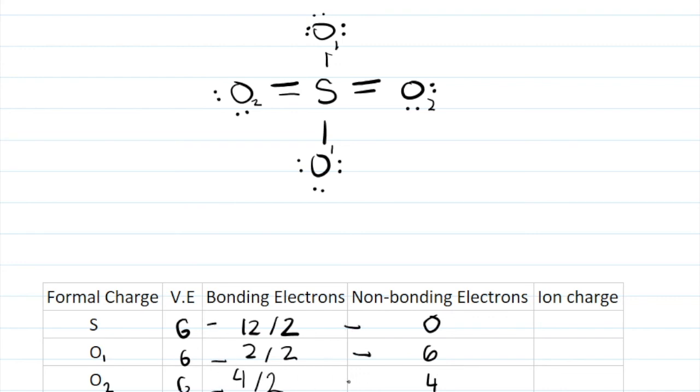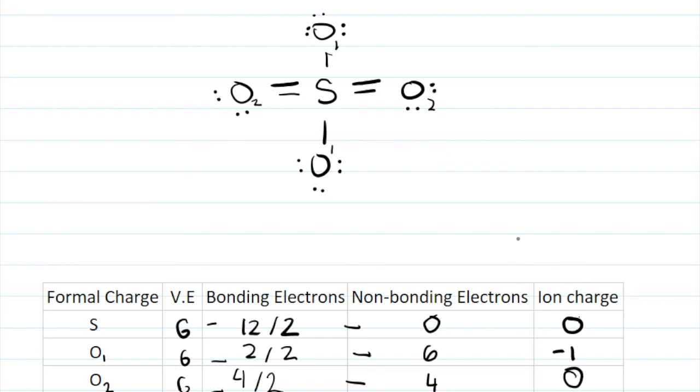So this will be 6 minus 0, which is just 0. And 6 minus 1 minus 6, which is negative 1. And then 6 minus 2 minus 4, which is just 0.